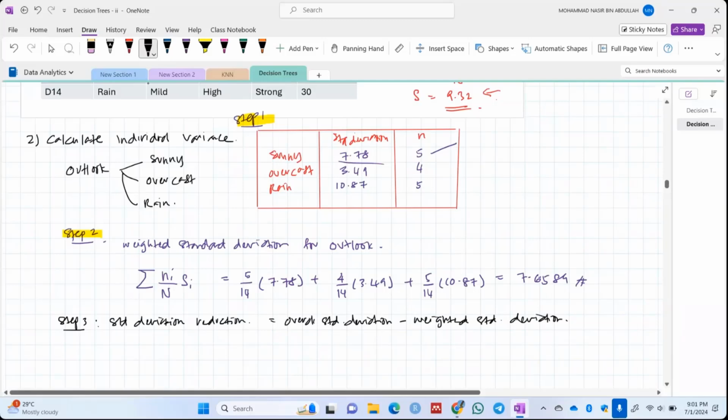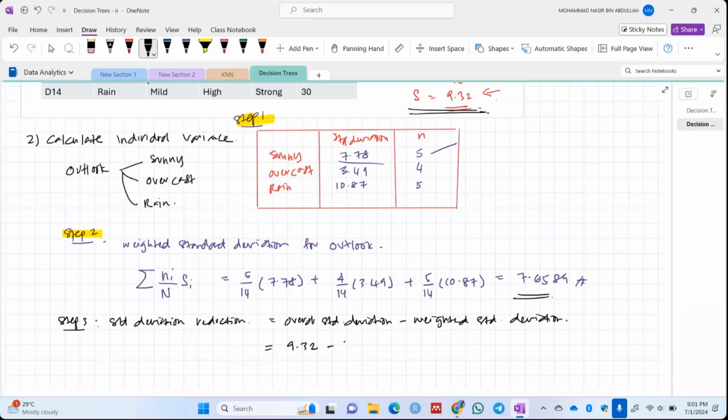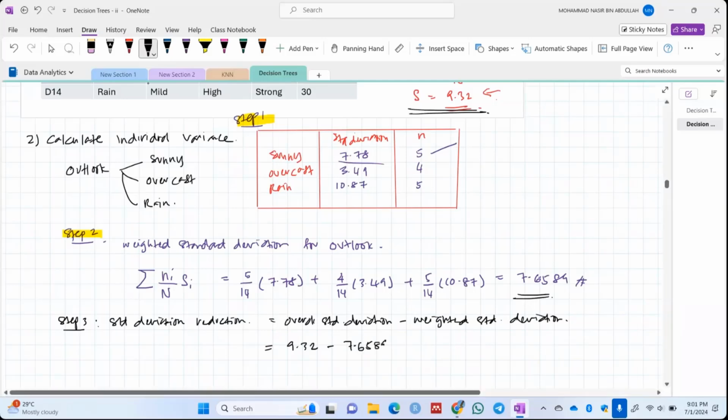Right? So overall standard deviation is 9.32. Remember this one? 9.32 minus weighted standard deviation 7.6589. So this one should be equal to 1.66. This is the standard deviation reduction for outlook.